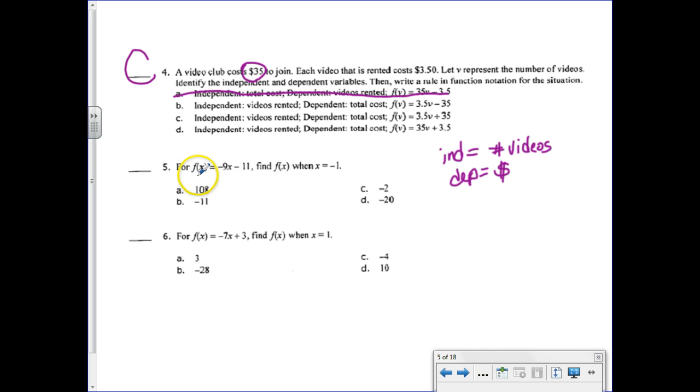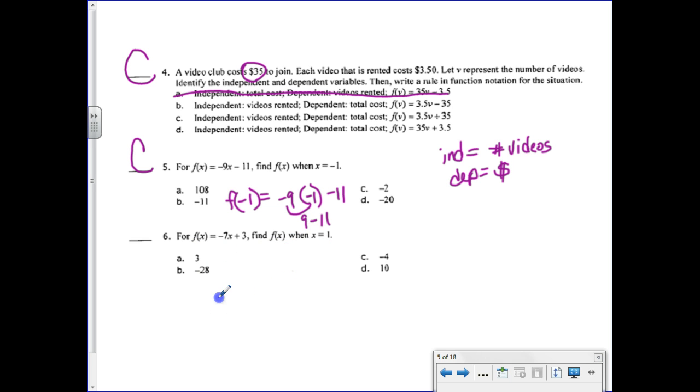5 and 6, this is function notation, and you are substituting a value of -1. So when I plug -1 in for x, I take -9 times -1 and then subtract 11. Watch these negative signs and your order of operations. You should get C, -2.